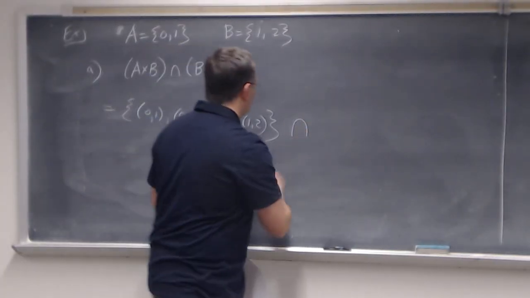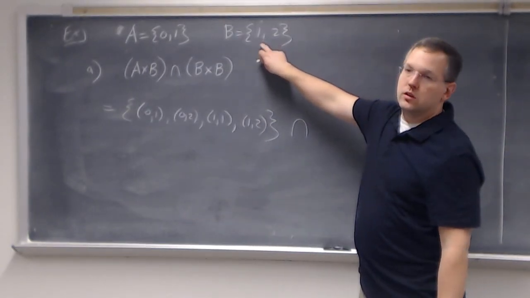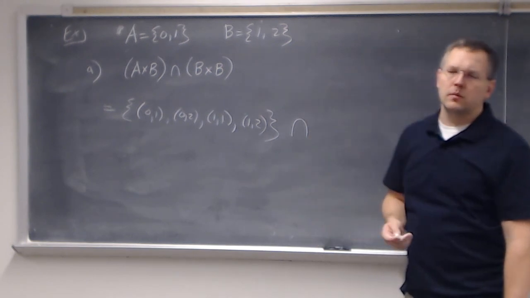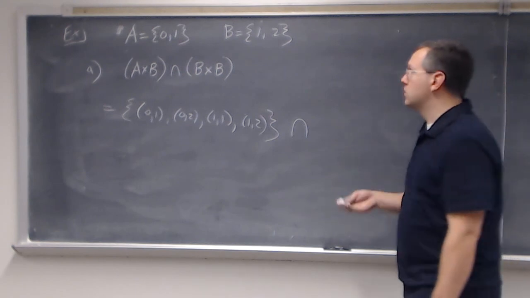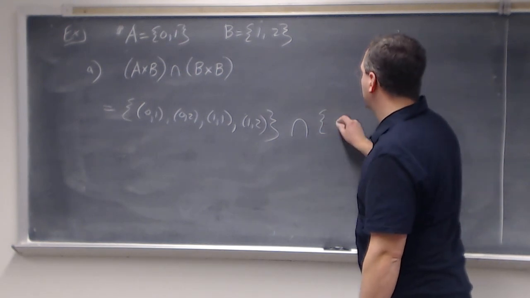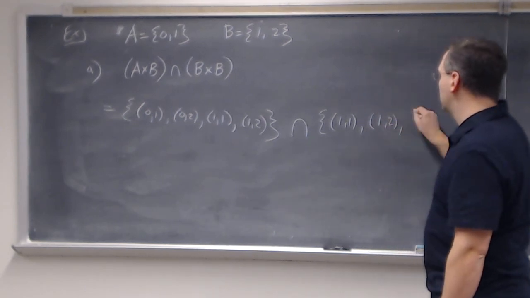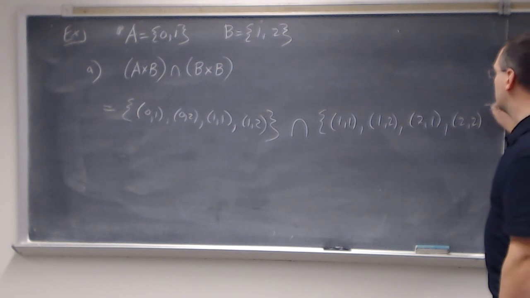Now when I take the intersection of that set with B cross B, these are ordered pairs where the first and second coordinates come from B. So how many elements are going to be in B cross B? 4 as well. So 2 times 2. So it's going to look like (1,1), (1,2), (2,1), and (2,2).